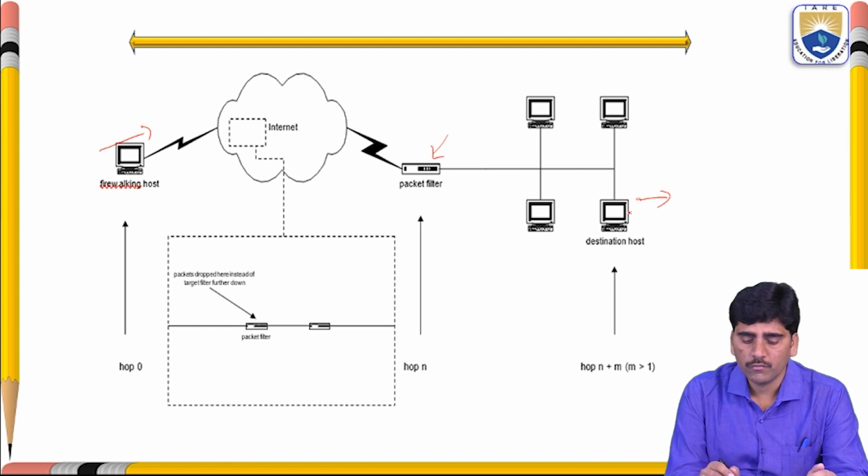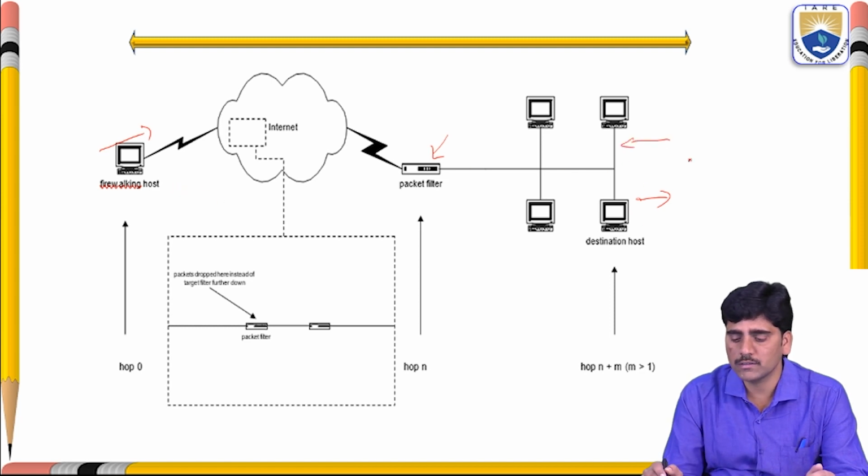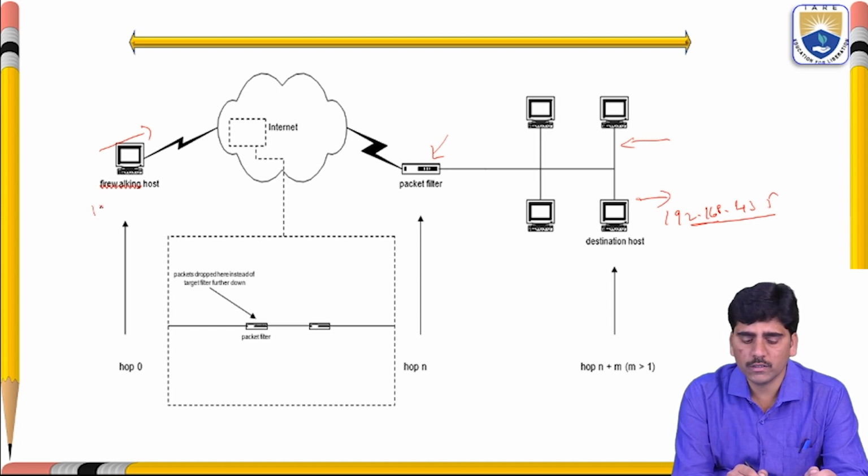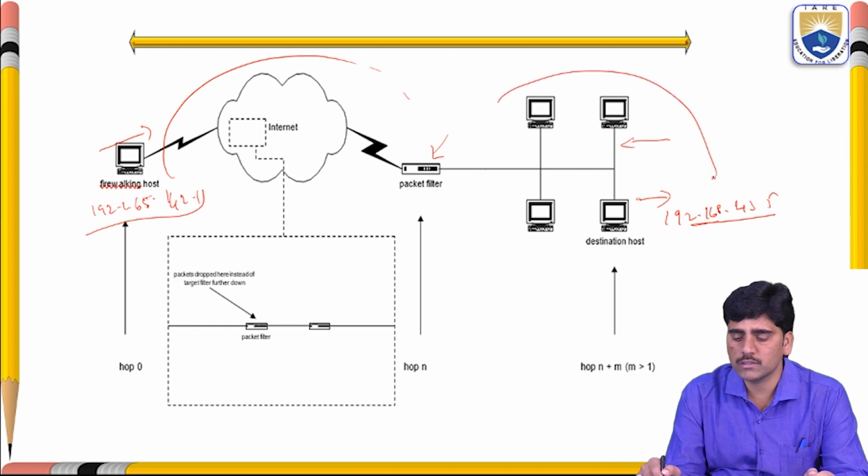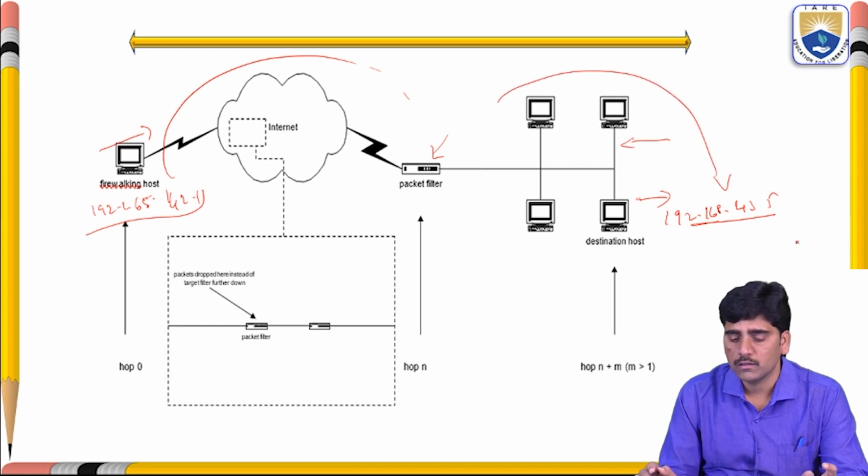When we use the ping command to target the system, suppose the target system has the address 192.168.43.5, and this is the source system, which has 192.165.42.1, the IP address that wants to contact this target system. There are two phases.